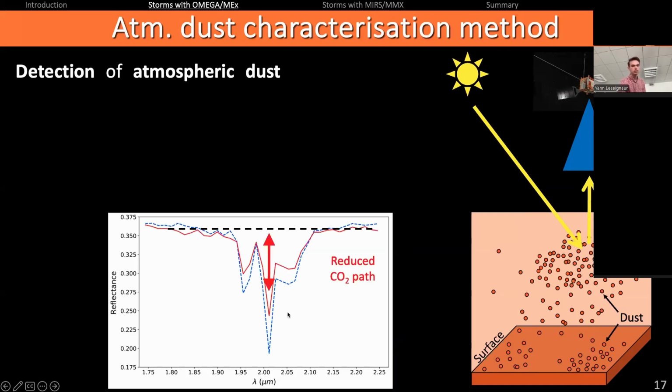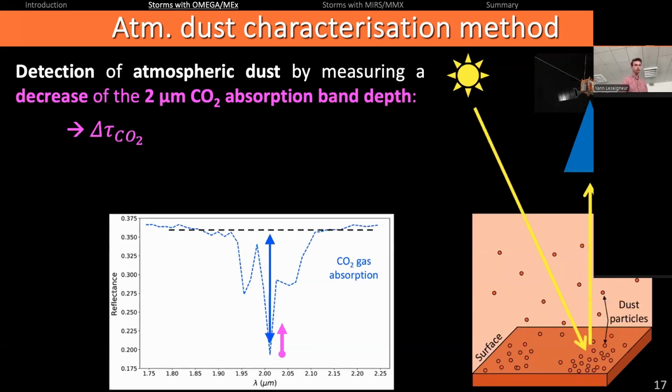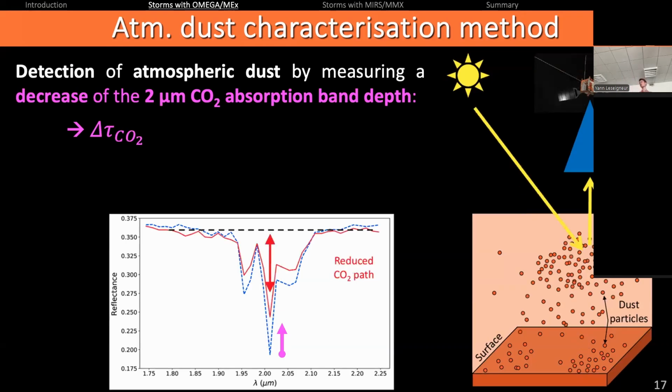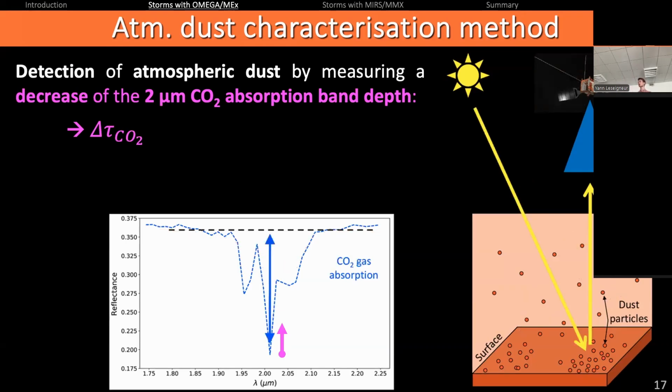Now if we take another state of the atmosphere, with a lot of dust in the atmosphere, the sun's rays are diffused on the atmospheric dust, and then the CO2 optical path is shorter, so we have this shallower absorption band.